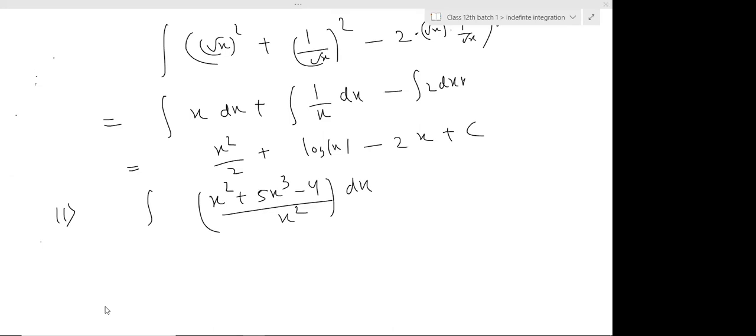I need everyone's answer in this. All right, I'll give you a hint. Just divide x square with each part, then integrate separately. All right, everyone, I need everyone's answer in this question.